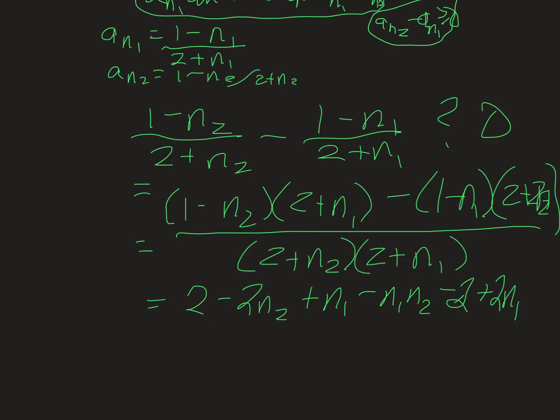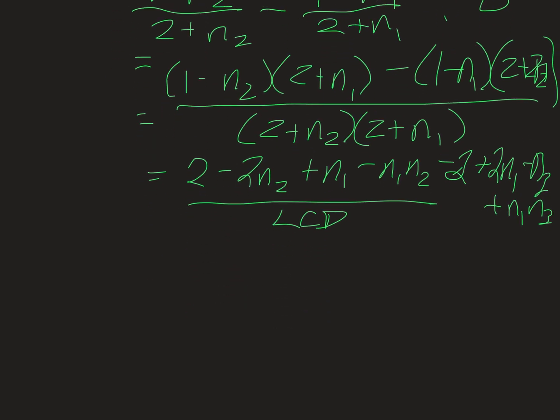And then we'll have n2 times 1 with a negative, so that'll be minus n2. And then we'll have n2 times n1 with a negative and another negative, so that'll be plus n1 n2. And that's all over our least common denominator right now, okay?